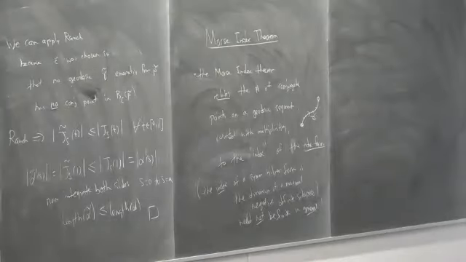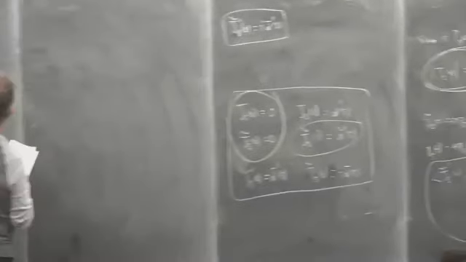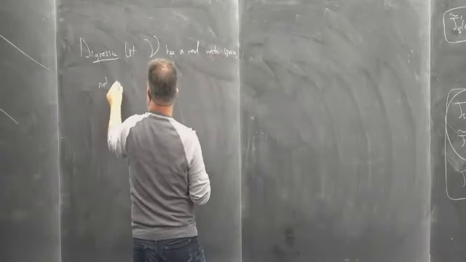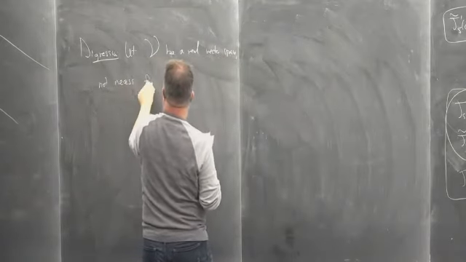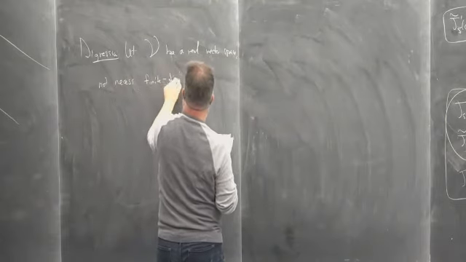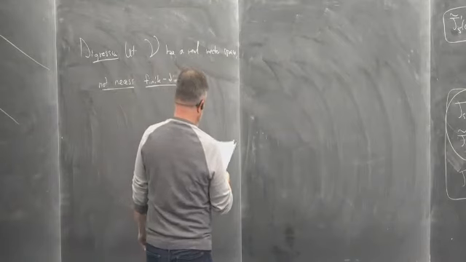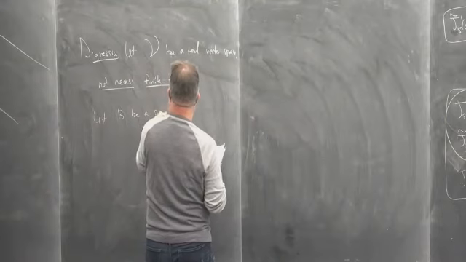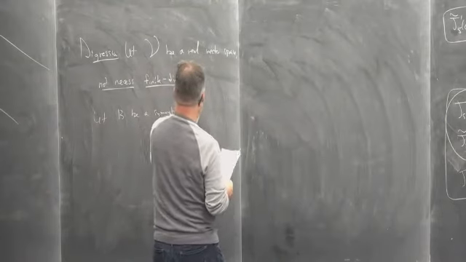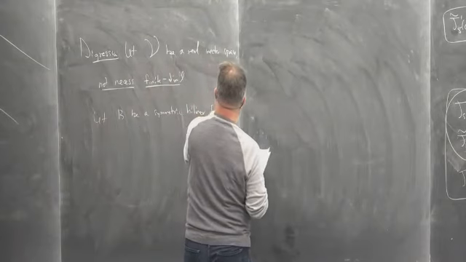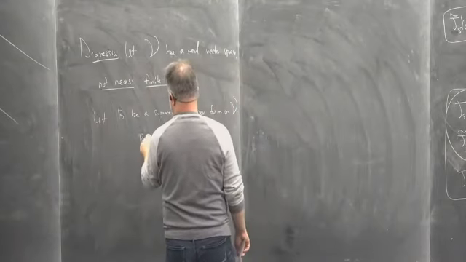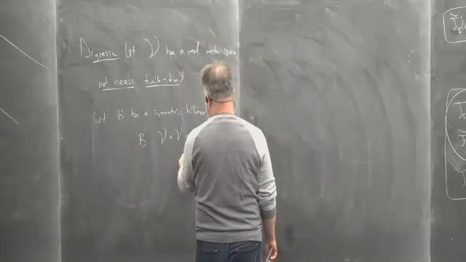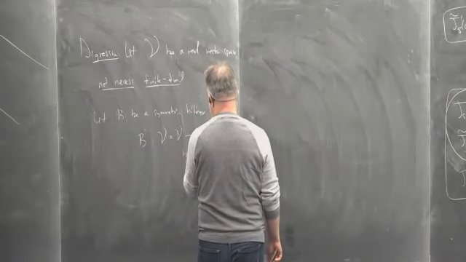Let script V be a real vector space, not necessarily finite dimensional, and let B be a symmetric bilinear form on V. What does that mean? It means it's a map from V times V to R, which is bilinear and symmetric.